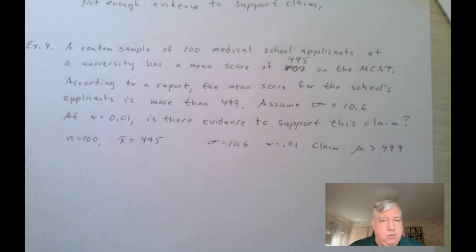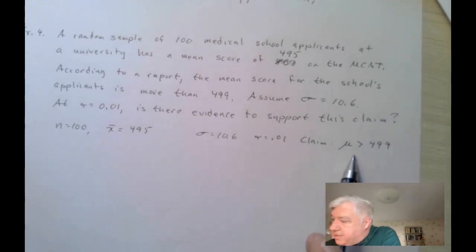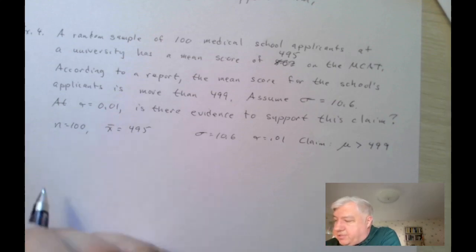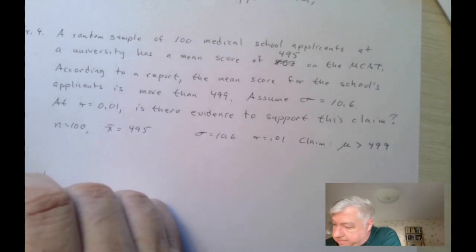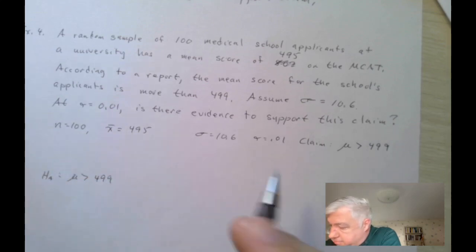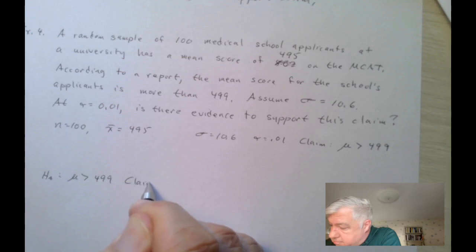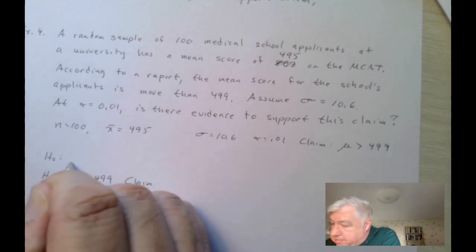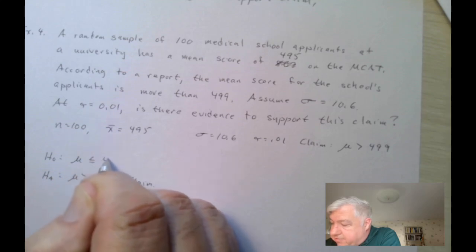So let's see what happens here. In this case, our claim has strict inequality, so this has to be HA. H0 then says mu is less than or equal to 499.